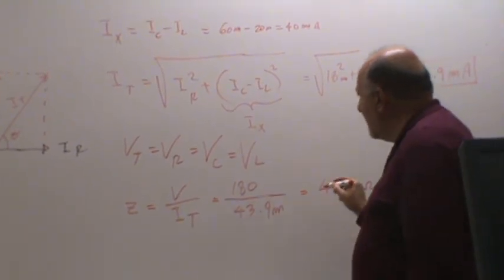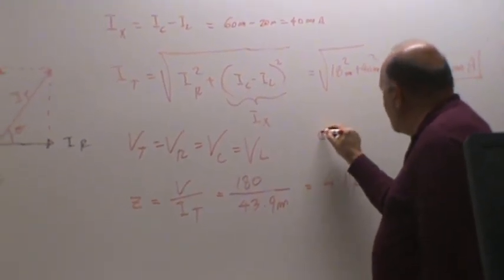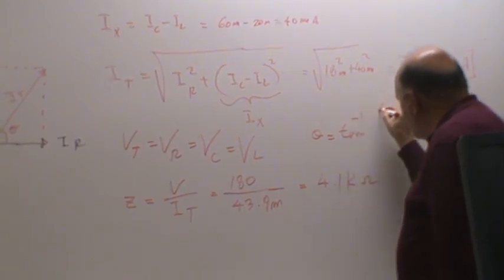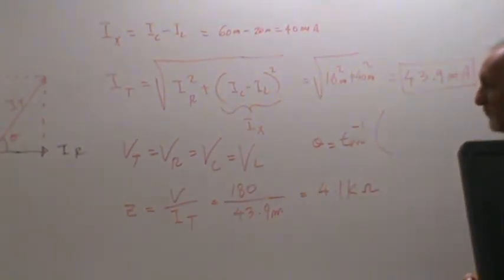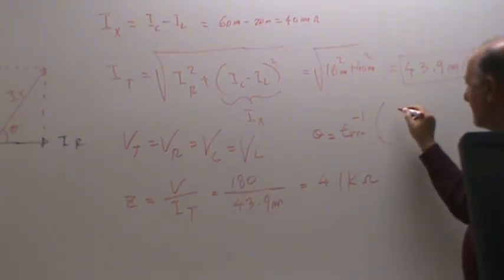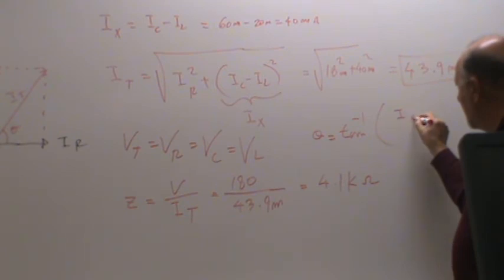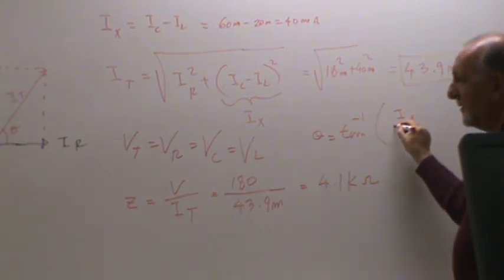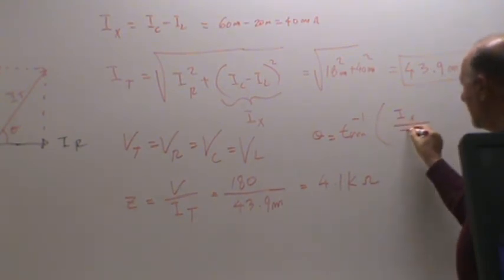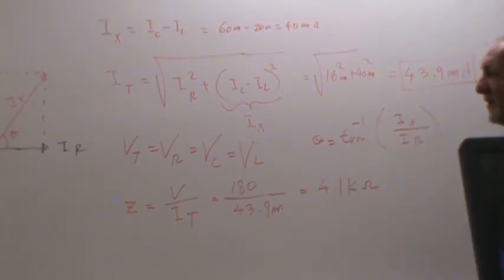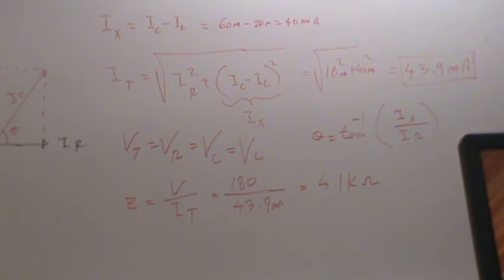Now let's find the theta as well. Theta is equal to the arc tangent of I sub X over I sub R, opposite over adjacent.